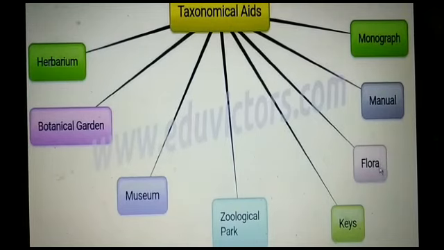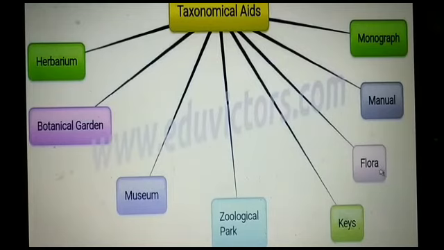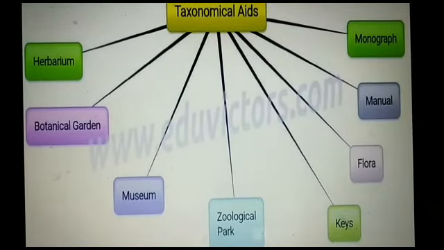And then the flora. Actually, flora contains the actual account of habitat and distribution of plants of a given area. And student, what is a manual? Manual is data and information for identification of a species found in a particular area.